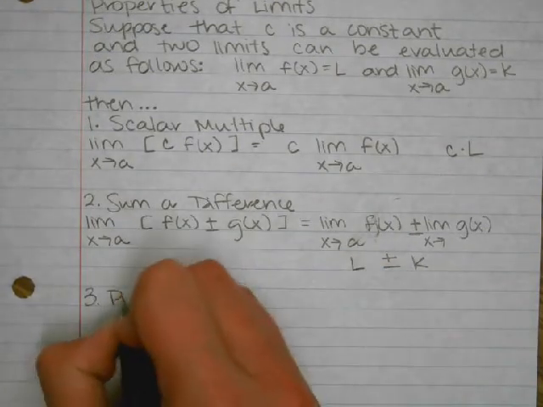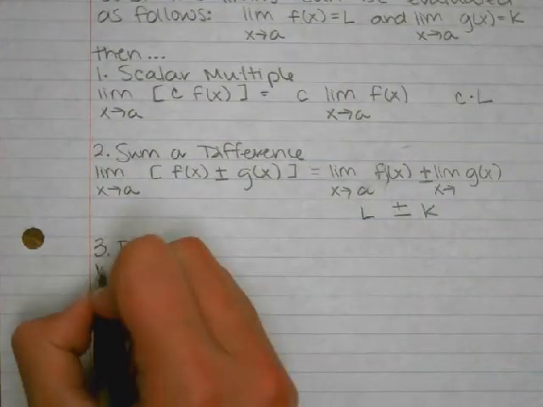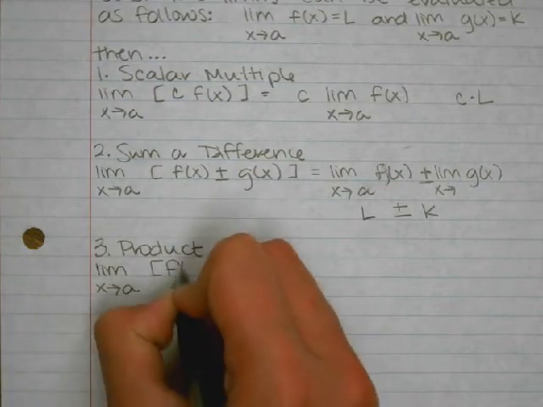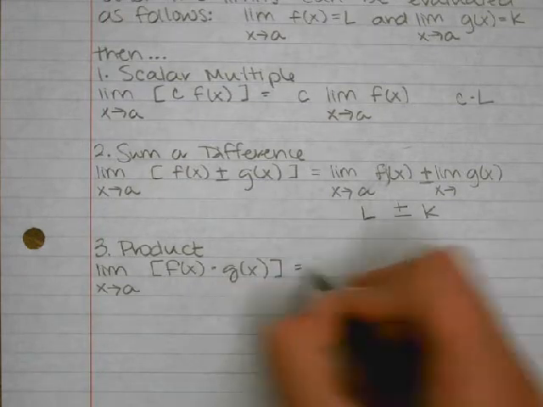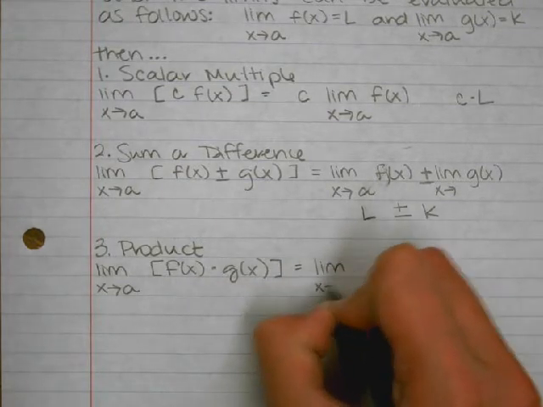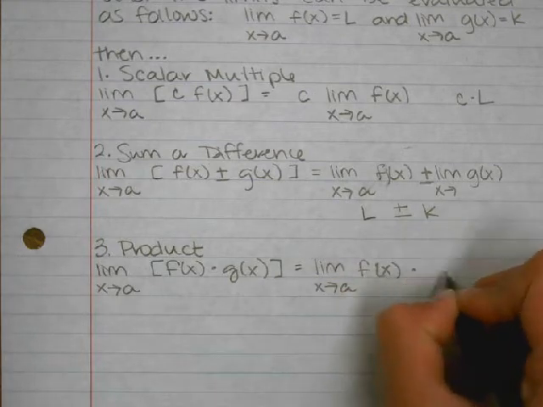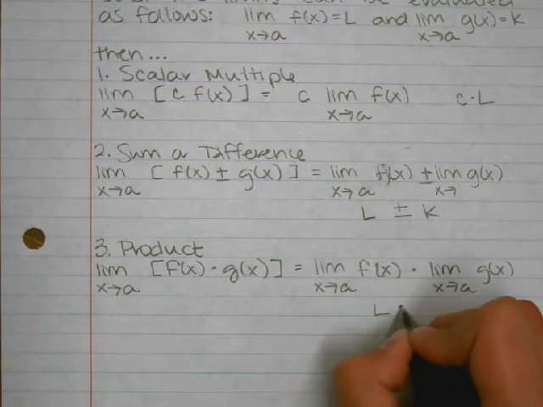Next, we have the product. If you have the limit as x approaches a of f of x being multiplied by g of x, that's exactly the same as if you had the limit as x approaches a of f of x multiplied by the limit as x approaches a of g of x. So that's like taking your L and multiplying it by your k value.